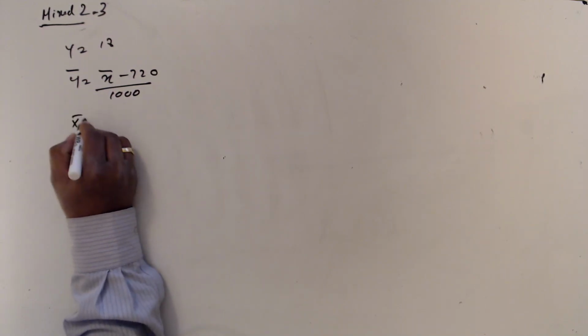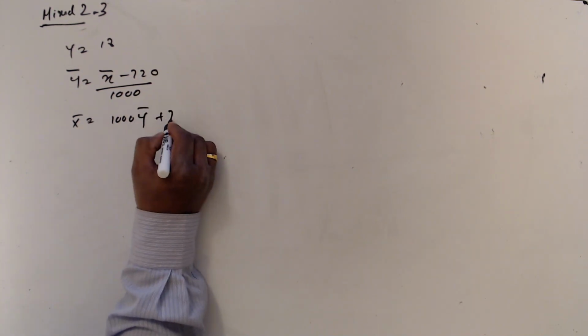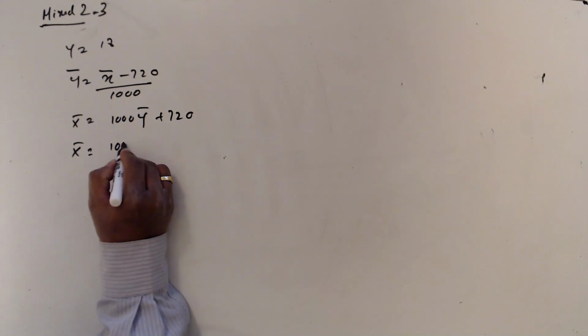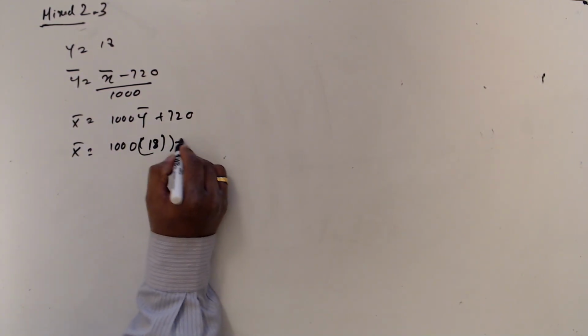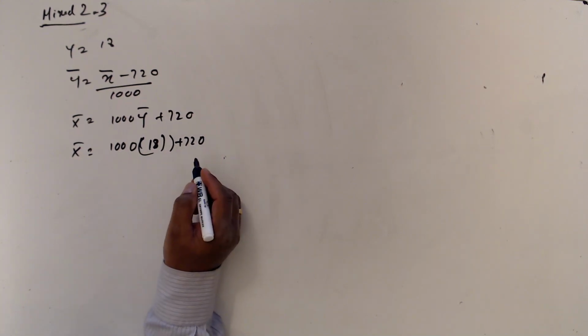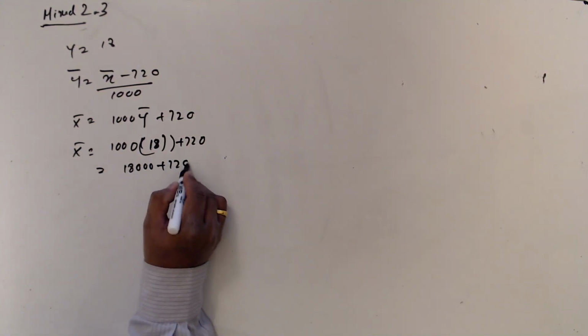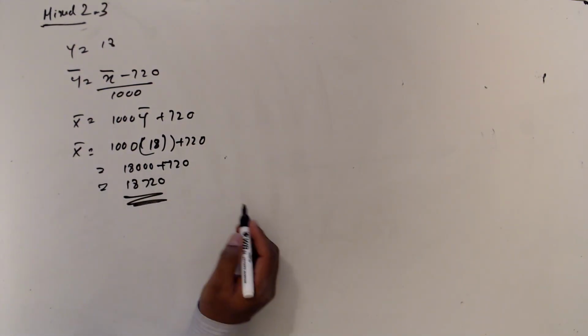So then x bar equals 1000 times y bar plus 720. Now x bar equals 1000 times 18 plus 720. So this is going to be 18,000 plus 720.